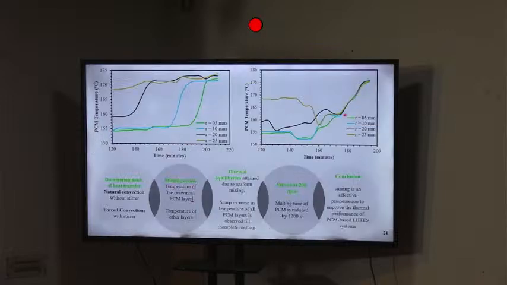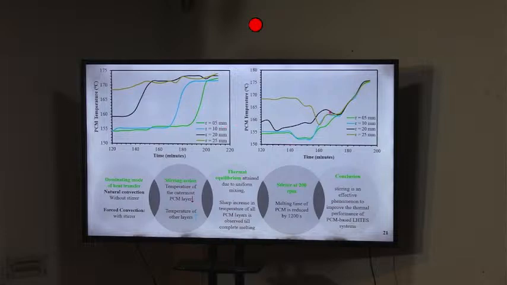So that was my study. This is again a demonstration of how this charging and discharging is being affected by stirring. The results show at what RPM the 100 watt stirring mechanism was being rated, and how the melting time got reduced by around 12 minutes in comparison to the mechanism when there is no stirring.